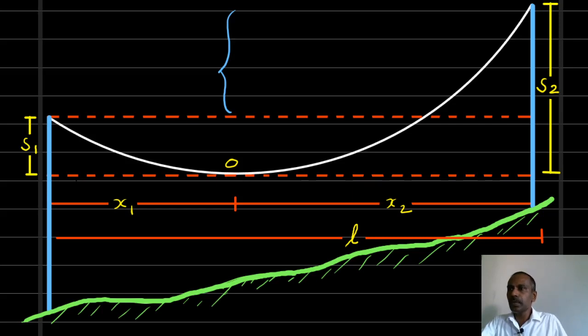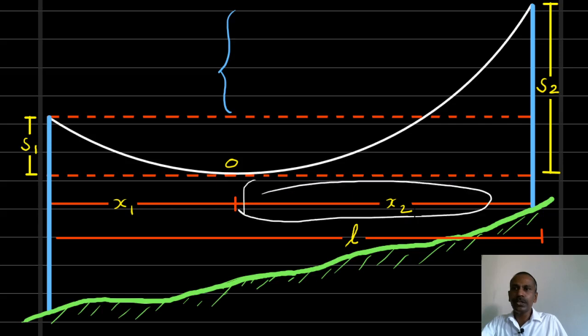This distance between the origin and the left side tower is x1. The sag with respect to the left side tower is s1. The distance between the origin and the right side tower is x2.